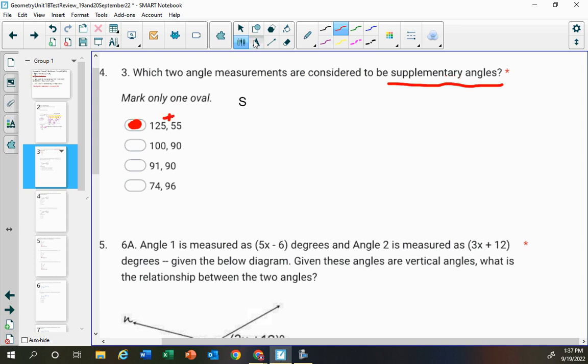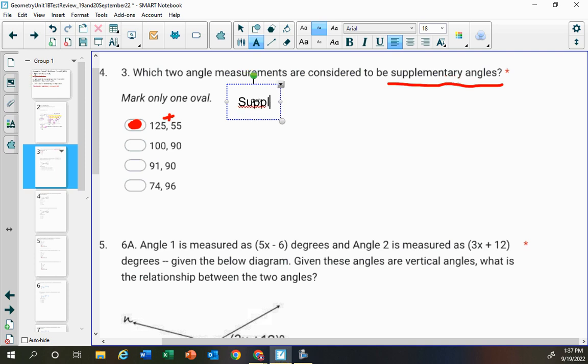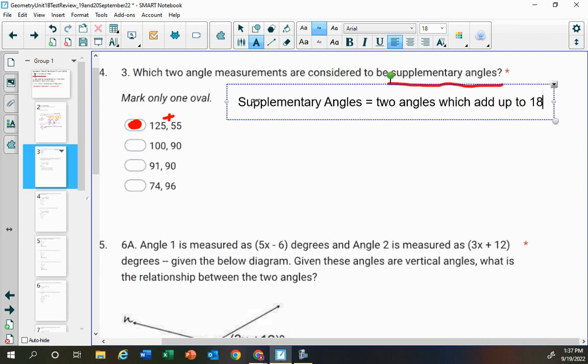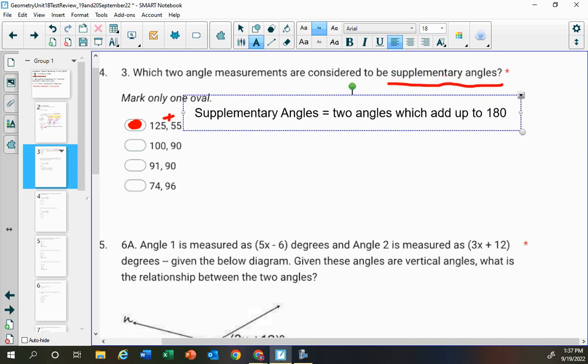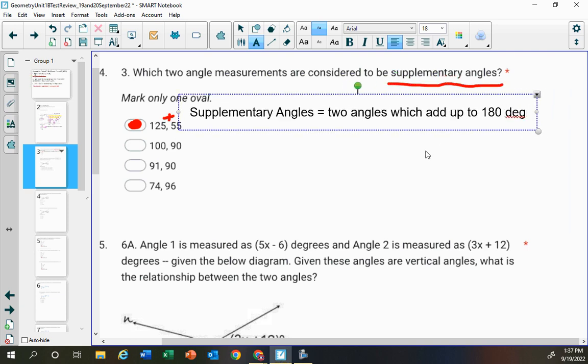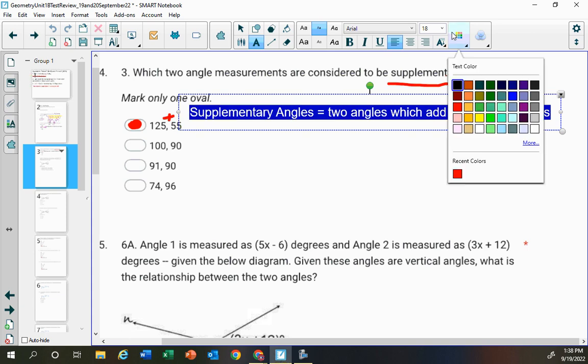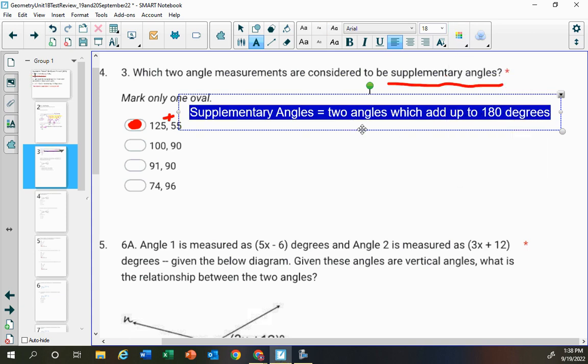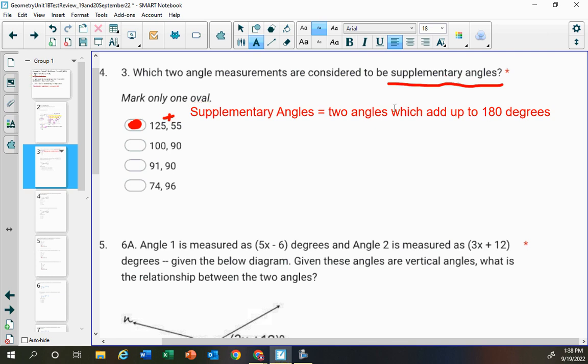So I'll write it: supplementary angles, two angles which add up to 180 degrees. Good.